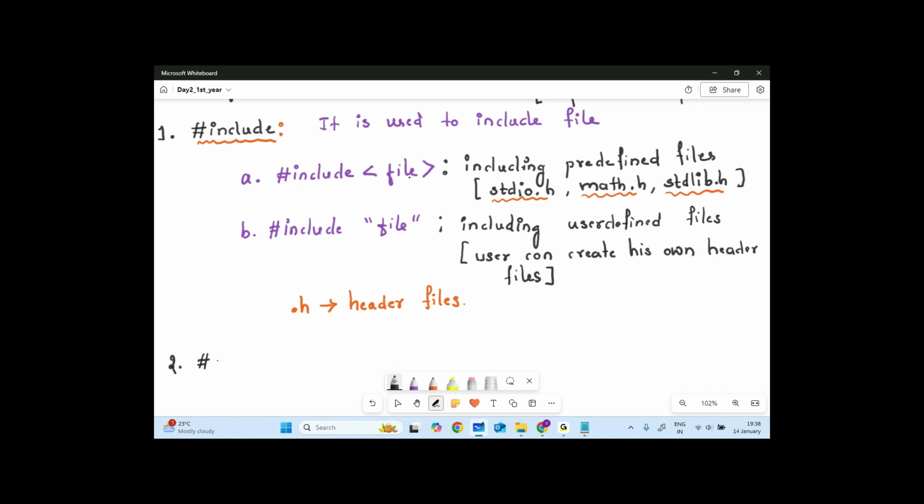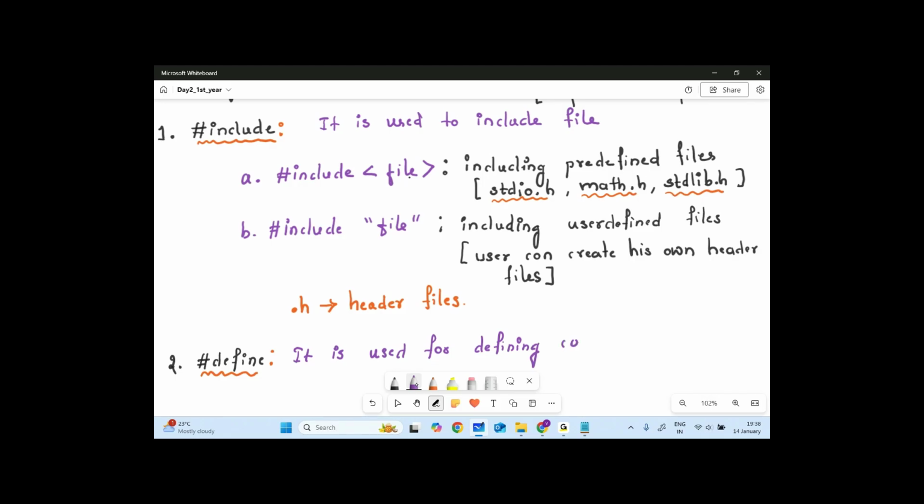hash define. Basically this hash define is another type of preprocessor directive. It is used for defining constants.